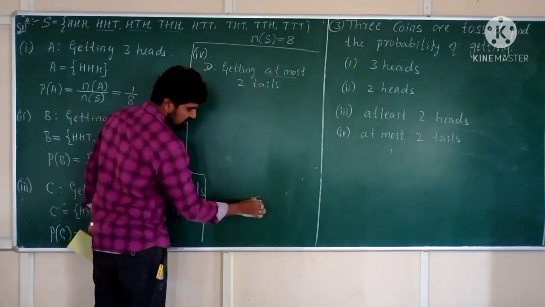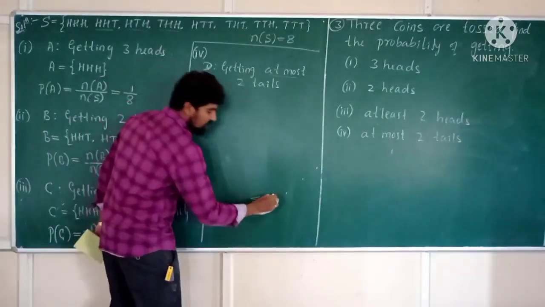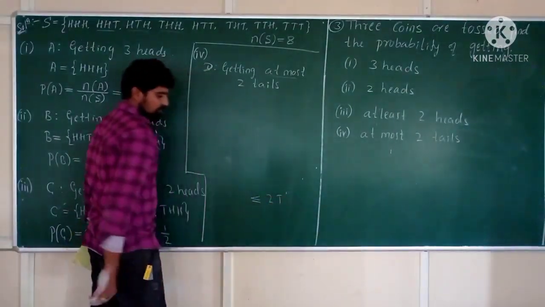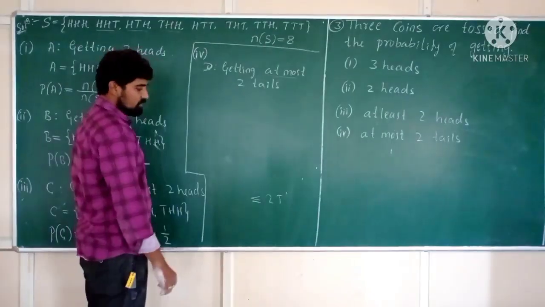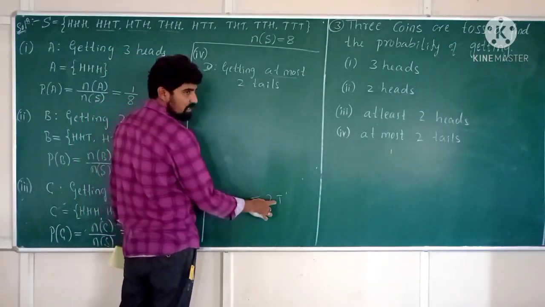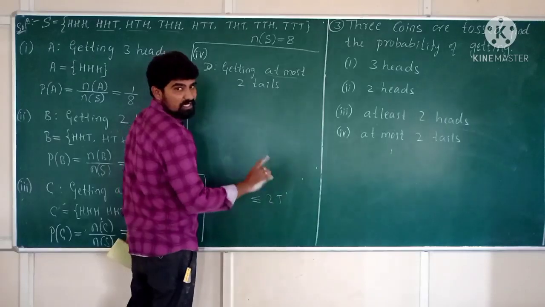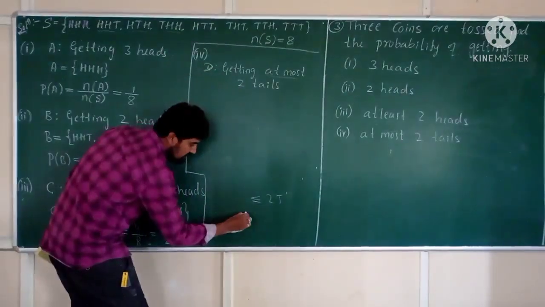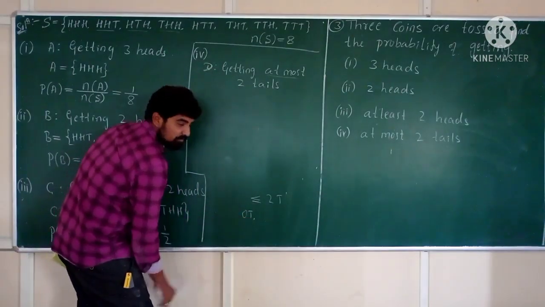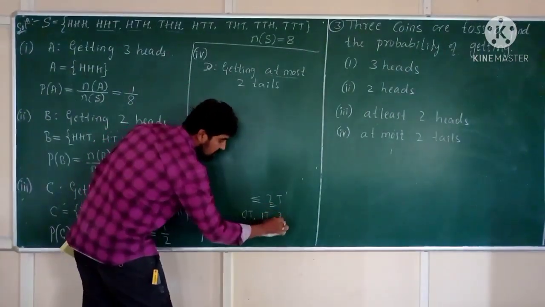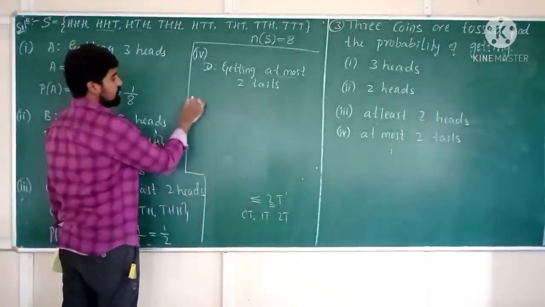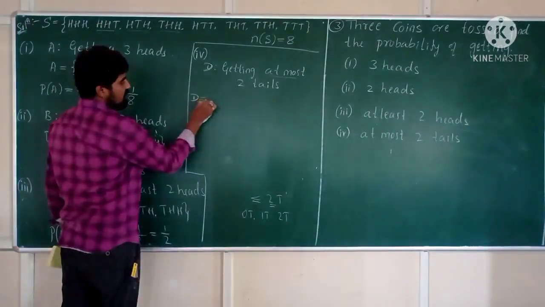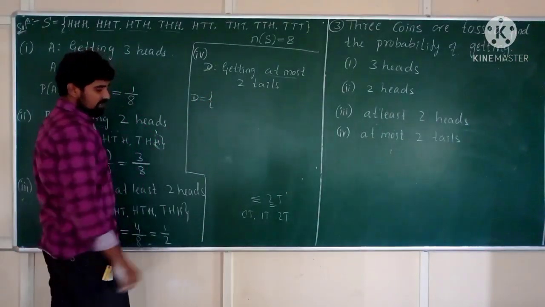At most in the sense less than or equal to. How many tails? 2 tails. It means we need to write the outcomes which consist of 0 tails, 1 tail, or 2 tails. Therefore the outcomes which are present in the event D.